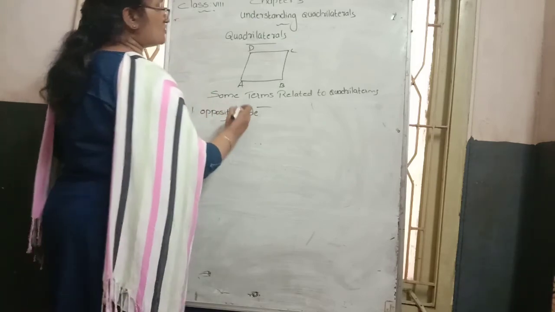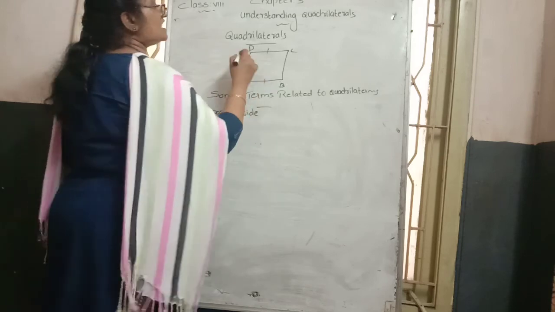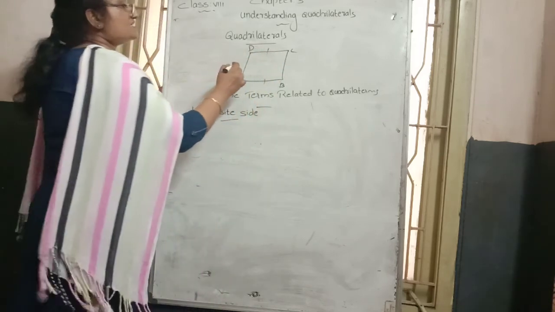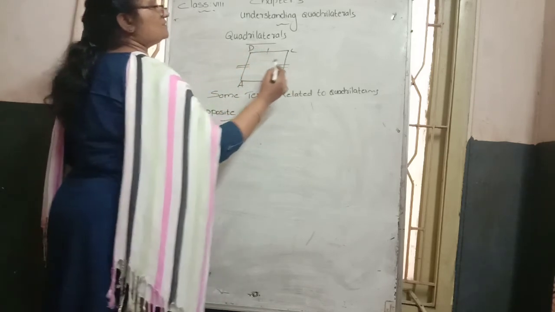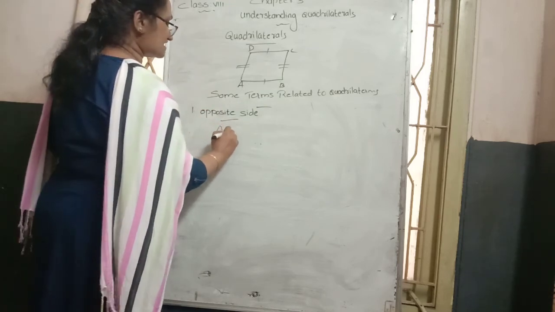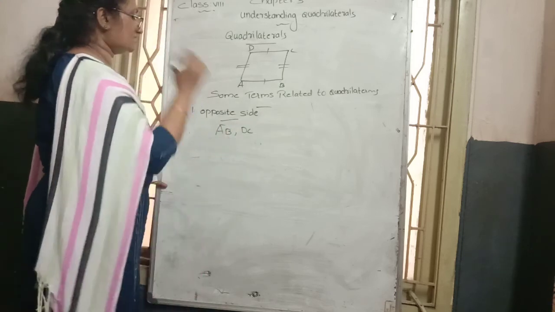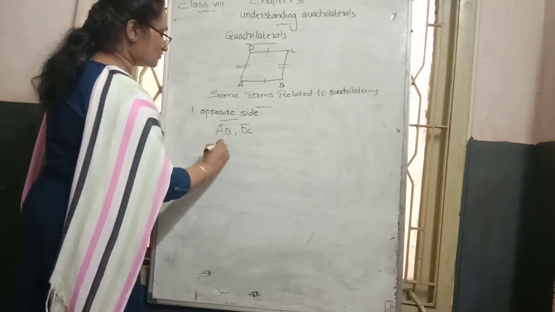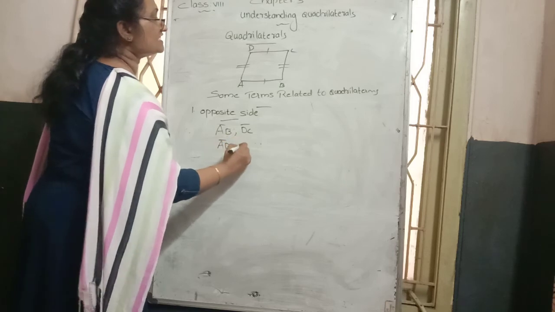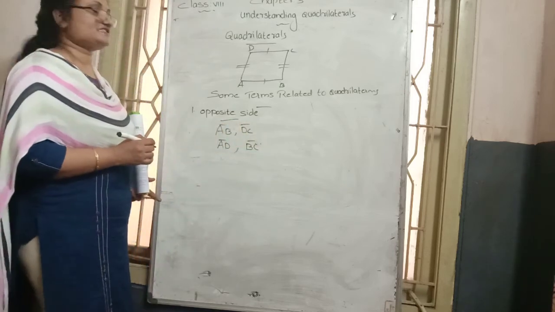How many pairs of opposite sides are there? 2 pairs. The first pair is AB and DC, and the second pair is AD and BC.